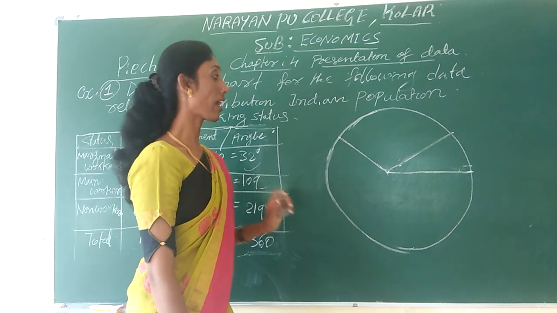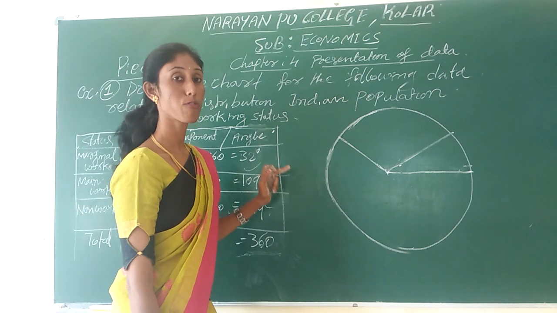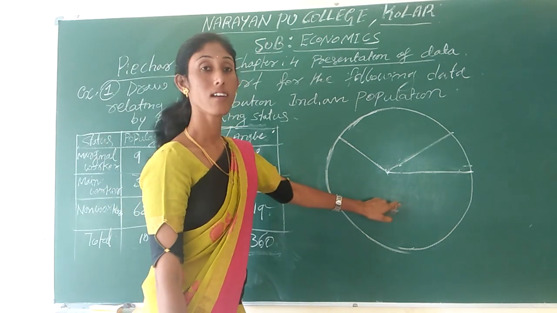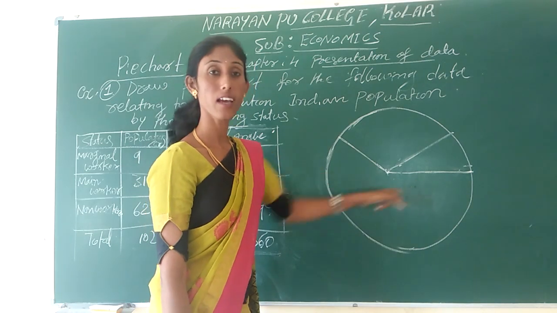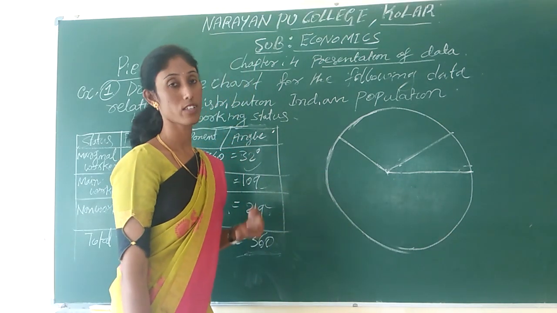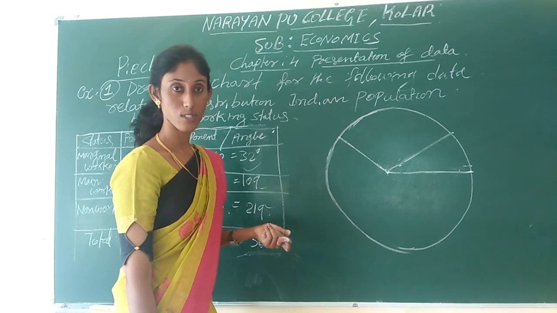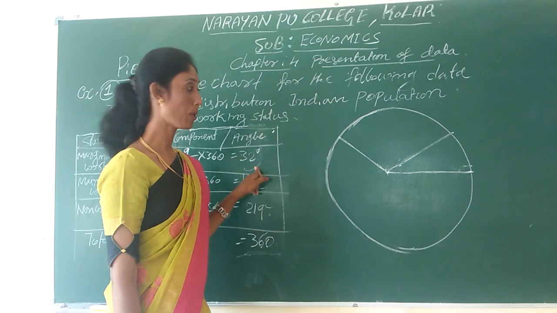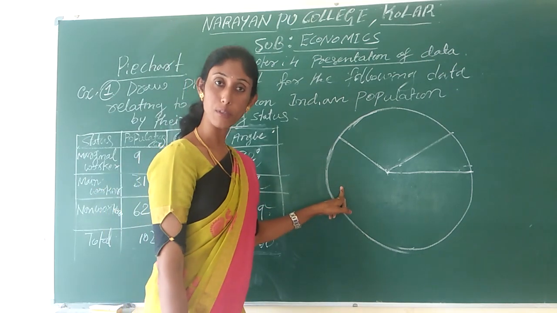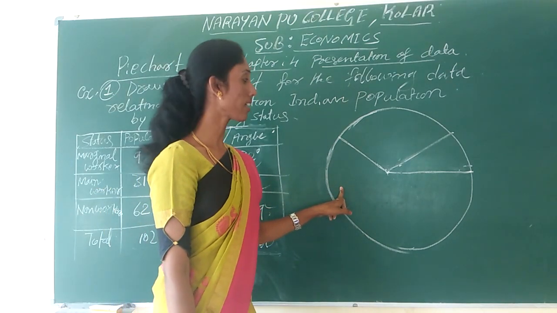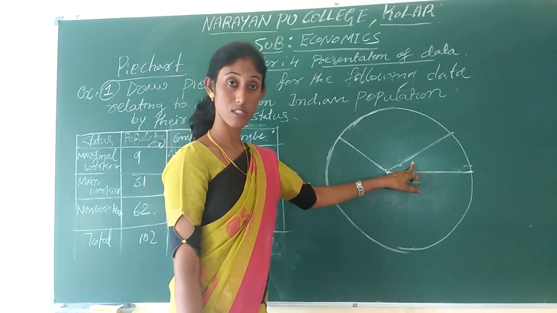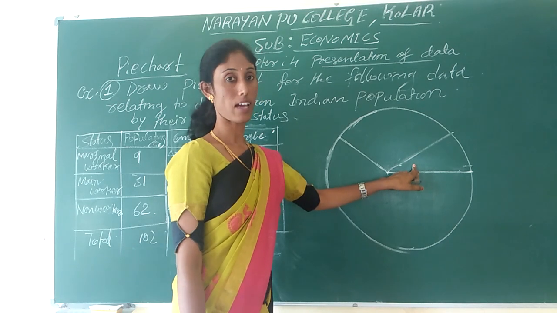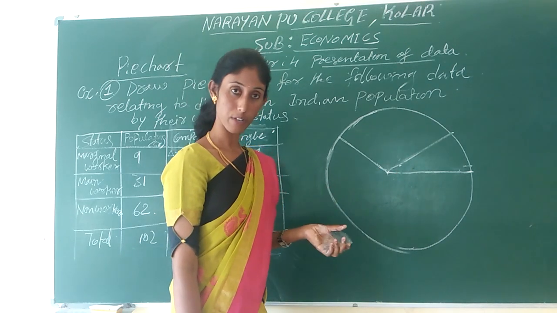Got it? And the next, fourth step, we need to shade each angle area with different colors or different designs. Firstly, we found out the size of an angle, and we have drawn the circle in appropriate size, and also we have used the third step, finding the angle areas by using the protractor.